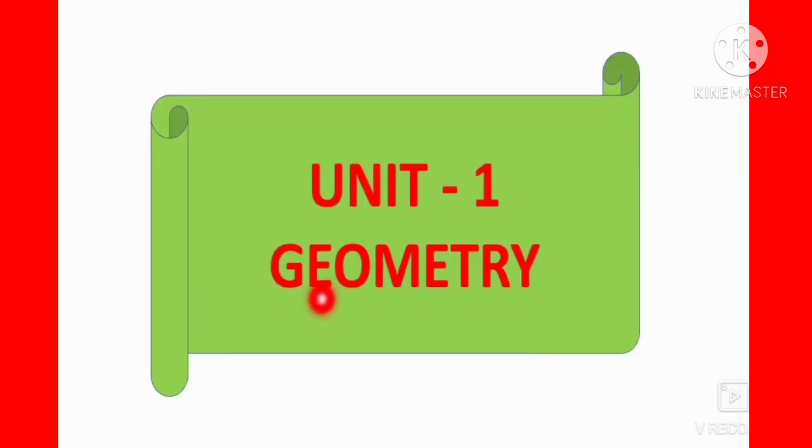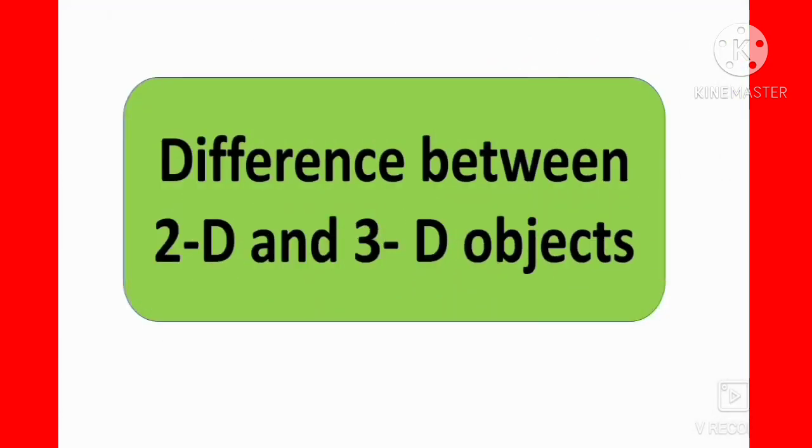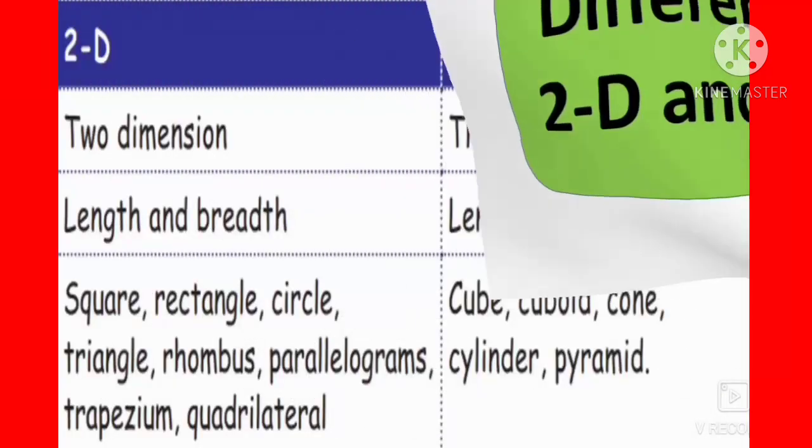First, let us recall the topic geometry, which is our first unit of this term. Geometry is a part of mathematics which treats the properties of points, lines, surfaces and solids. And here we are going to revise the difference between 2D and 3D objects.